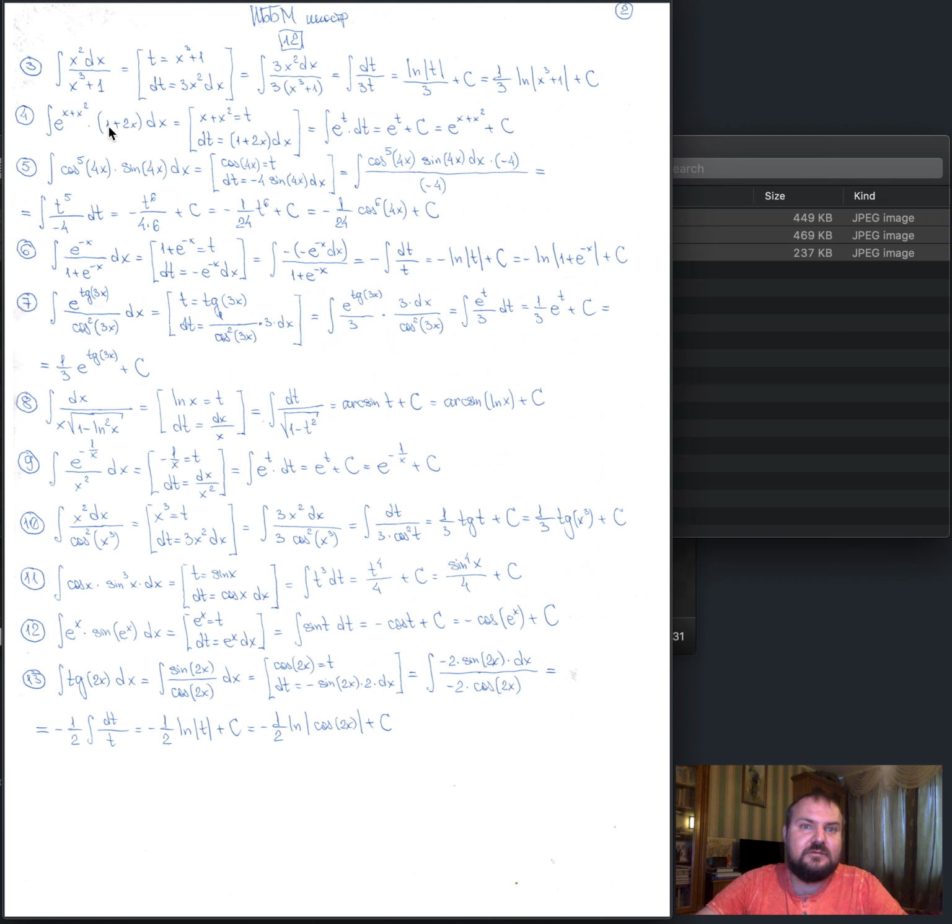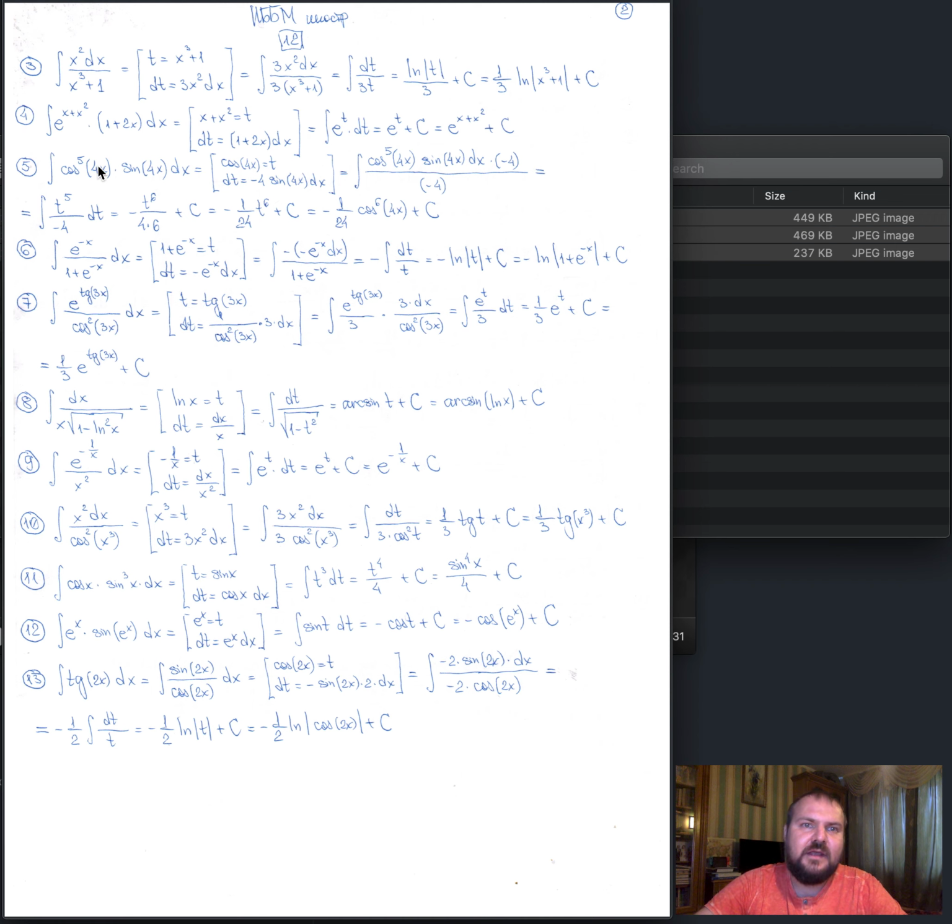And so this value 1 plus 2x dx is called dt, and this x plus x squared is called t. So we get e to the power t multiplied by dt. The answer would be e to the power t plus c, and we change the variables. For the previous value, it would be e to the power x plus x squared plus constant.